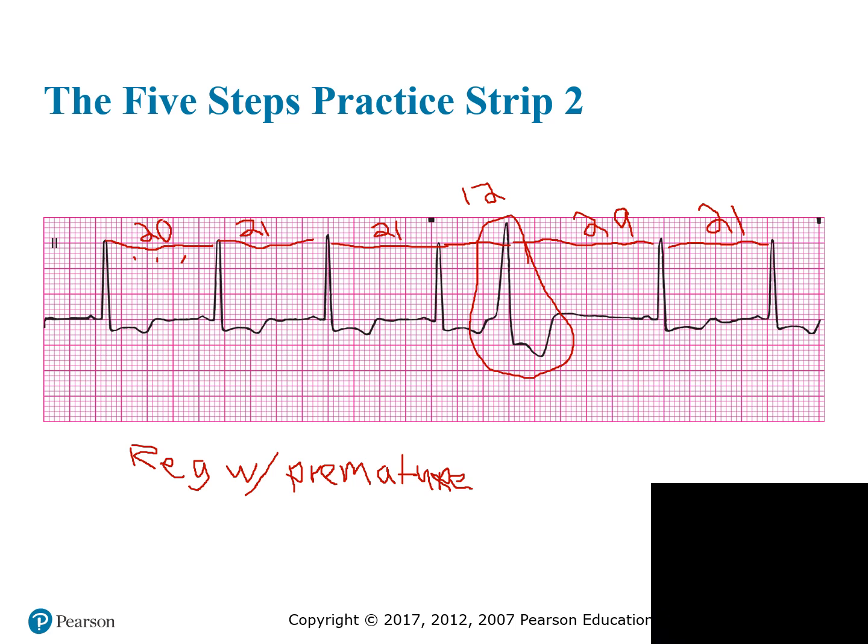So we would go 1500 divided by 20, because we're just going to go with the first interval, and 1500 divided by 20 gives us 75 beats per minute.